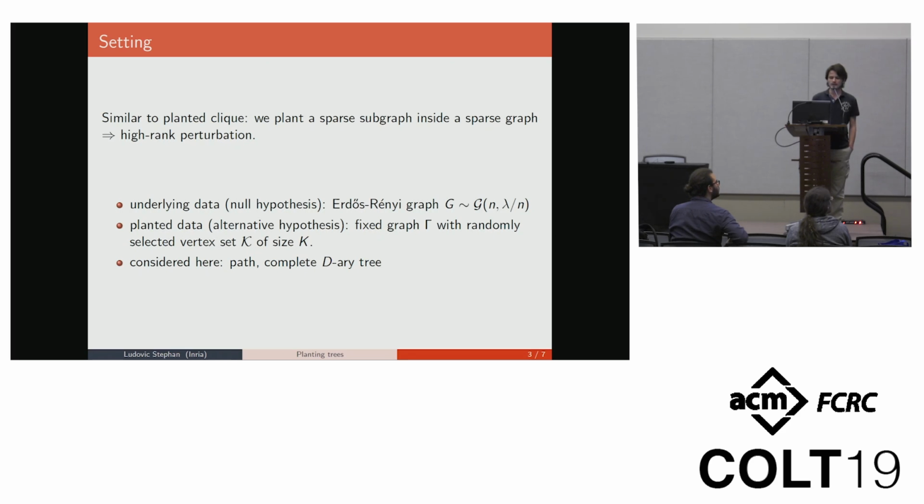Under the alternative hypothesis, we observe the union of this random graph G with a fixed graph gamma, supported on a randomly selected vertex set of size k, which will be our main parameter. The two cases for gamma we consider are a path of length k or a complete d-ary tree of height h.